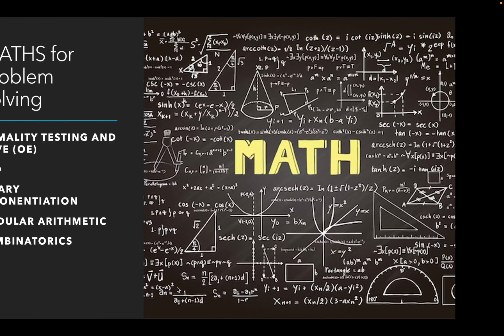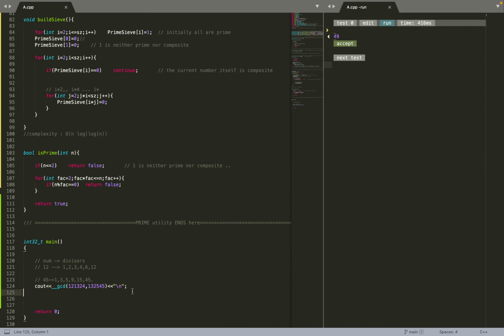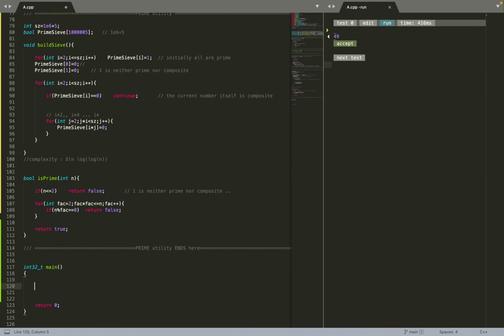So let's move ahead to binary exponentiation. So what's binary exponentiation? This also is not a tough topic. Let's say I ask you to calculate 2 to the power 10. So what would you do? A simple thing to do is 2 into 2 into 2 into 2, you'll just do it 10 times. Or I can run a for loop 10 times, i plus plus.